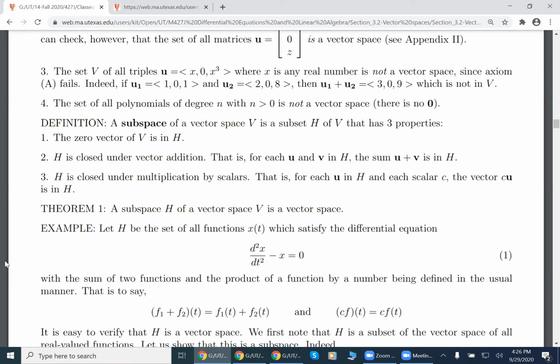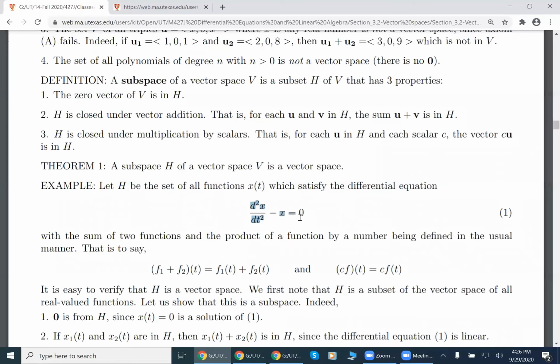Let us go back to differential equations. Consider this homogeneous second order linear differential equation with constant coefficients. I claim that the set of all solutions of this differential equation is a vector space. Here is why. A solution of this differential equation is a real valued function.